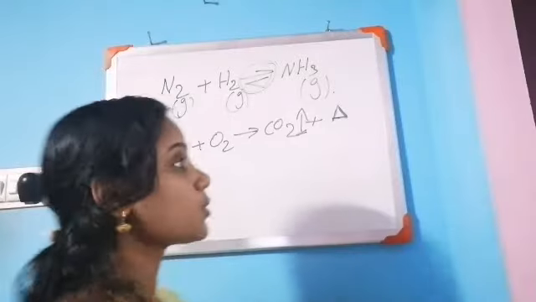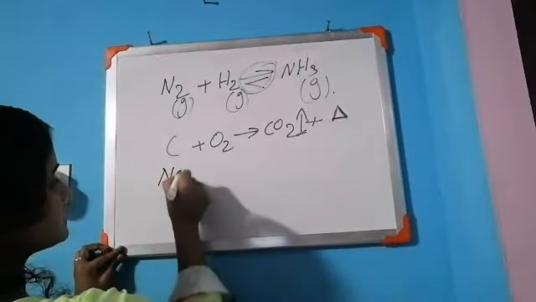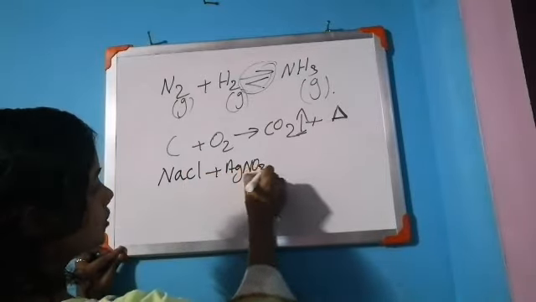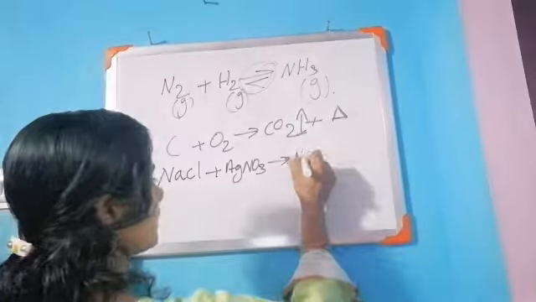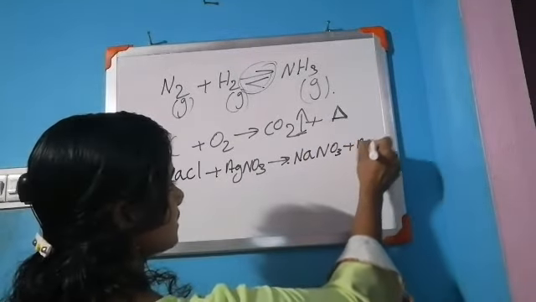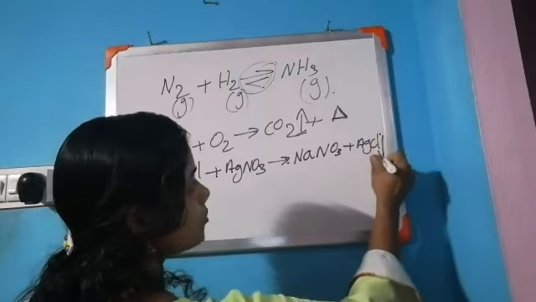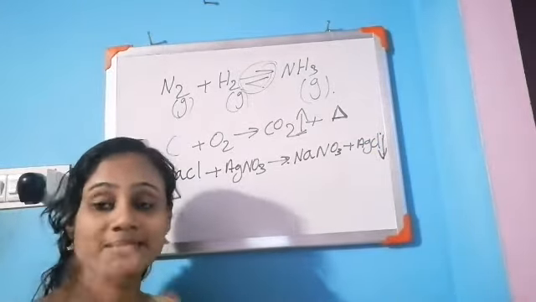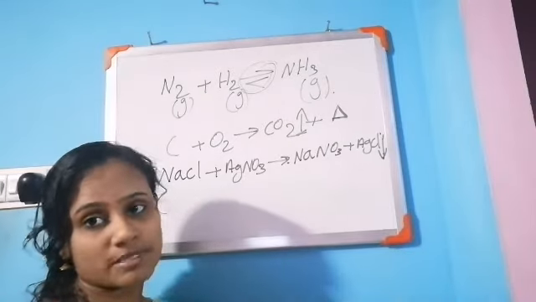Next example, sodium chloride, NaCl, reacts with AgNO3 to form NaNO3 plus AgCl. Here a downward arrow is there. This downward arrow means that the substance is an insoluble solid.